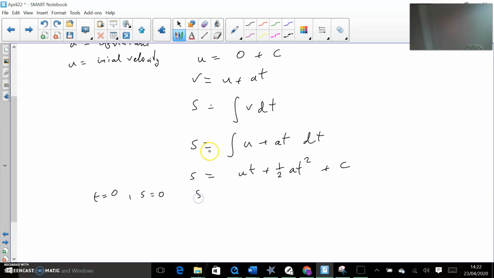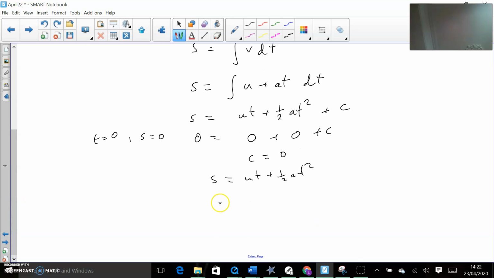So 0 equals 0 plus c. So c is 0, and we have s is ut plus a half at squared. So we have the two key equations, and we can get the other three by substitution.